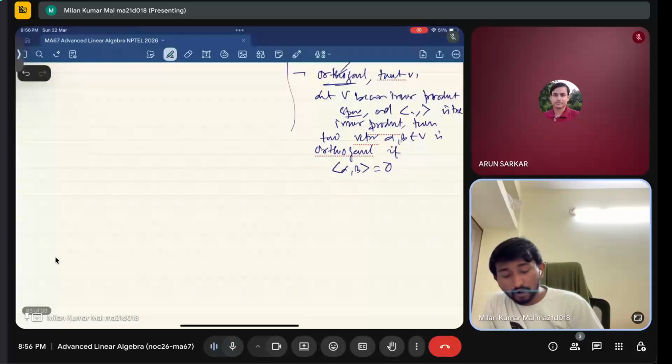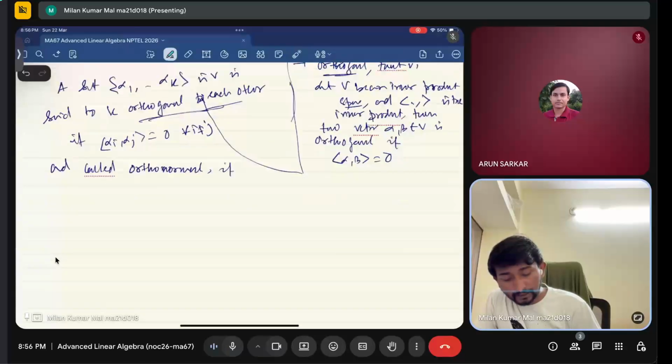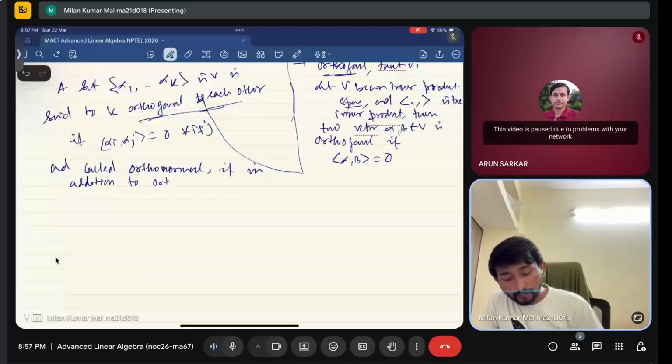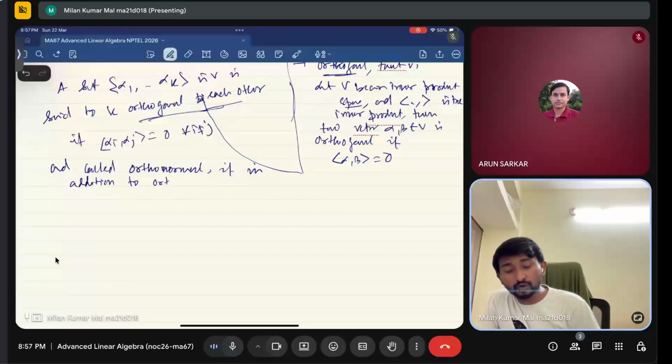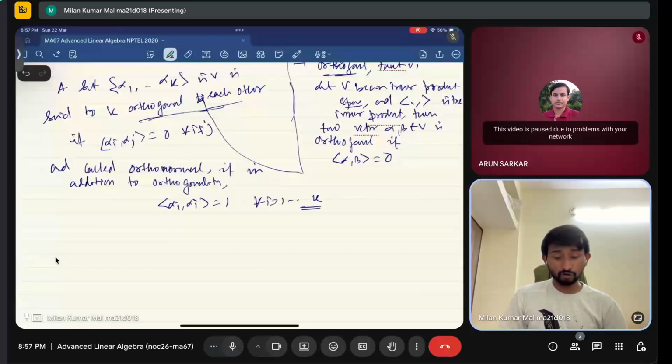This is called an orthogonal set, and it is called orthonormal if, in addition to orthogonality, the inner product of alpha i with alpha i is 1 for all i equal to 1 to k. I hope you know these things, but still this is a little formality we mention. So this is what is meant by orthonormal.